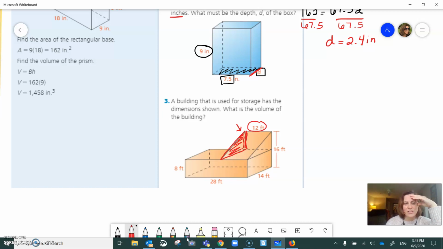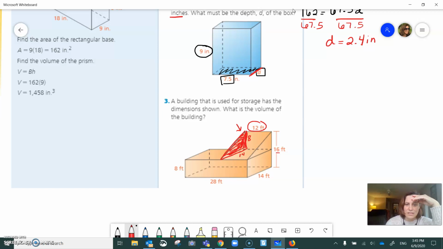If you imagined that this red triangle was a bunch of cubes of cake, we're going to layer 12 of these this direction. So the triangle itself, this is 14. It's the base. The height of the triangle is 8. And I know that because the whole thing is 16, and this portion of it is 8.